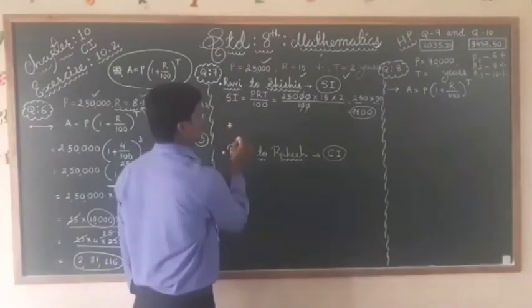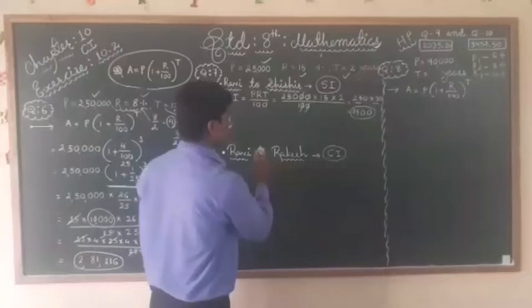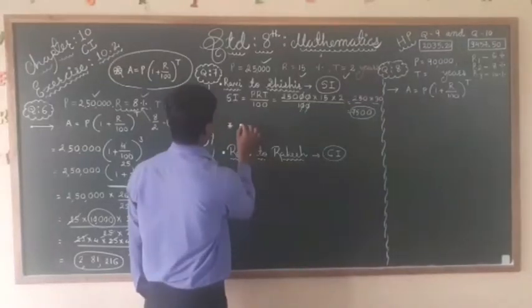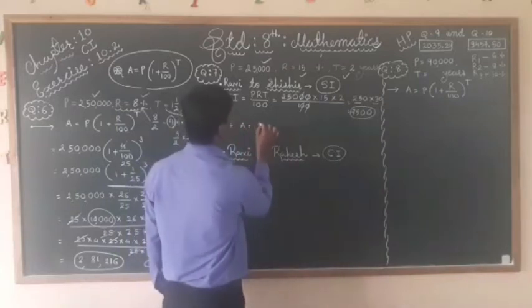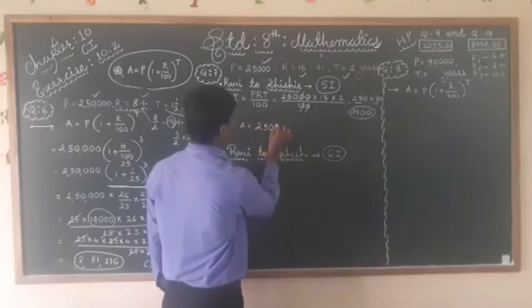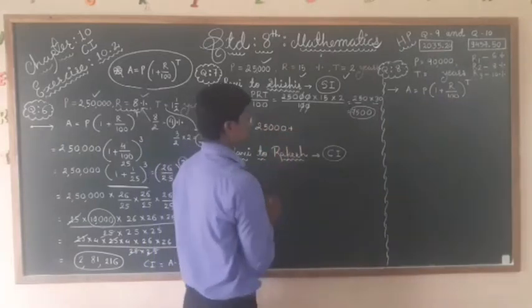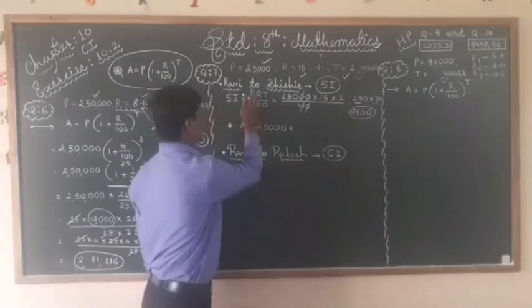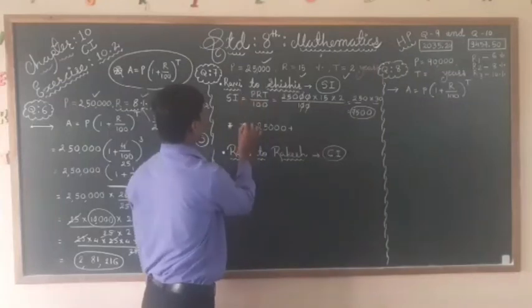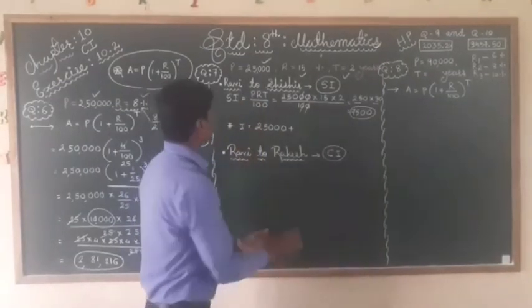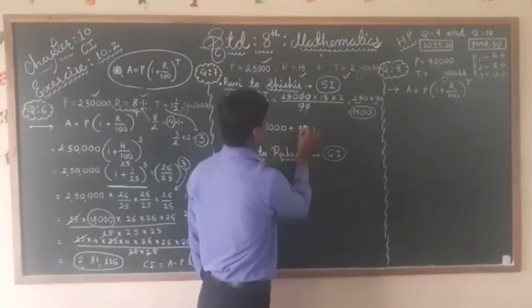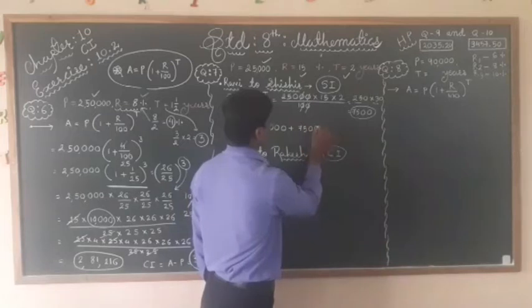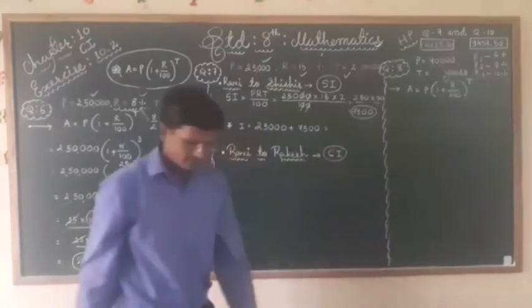Now what do we have to do? We have to find the amount. So the interest will be added to the principal. So the amount is 25,000 plus interest 7,500.